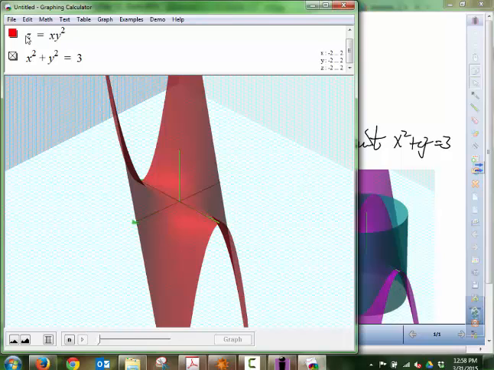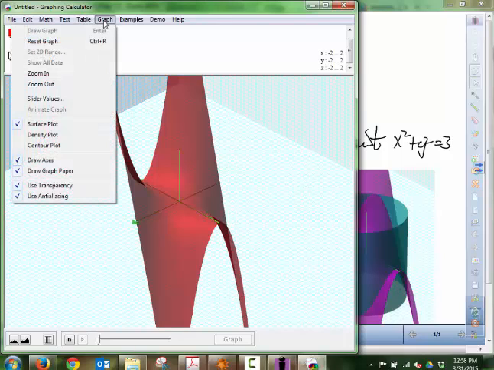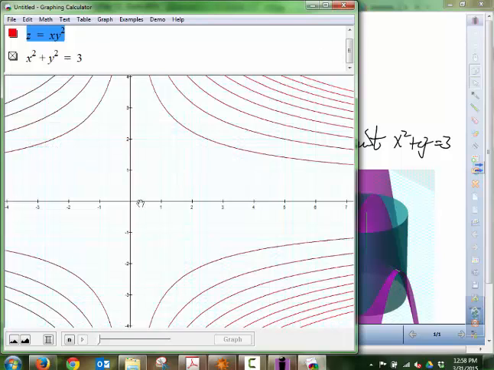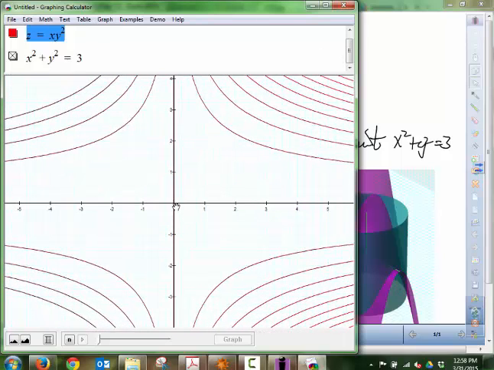So let's see if I can change the whole structure of this graph and take a look at level curves. These are my level curves for this graph. Now, this graph over here can be seen in 2 dimensions as a circle because this is an x and y relation.